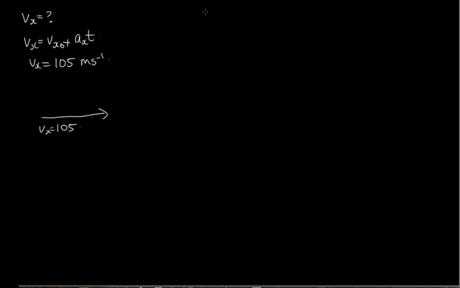Now what we need to do is work out Vy. So Vy is equal to Vy naught plus ay t. Vy naught was 0, ay was minus 9.80, and the time it spent in the air was 13.9 seconds.